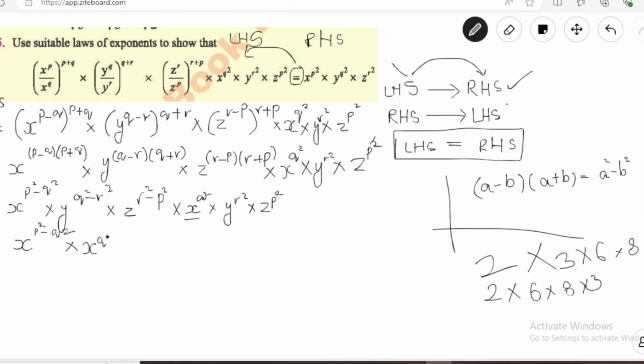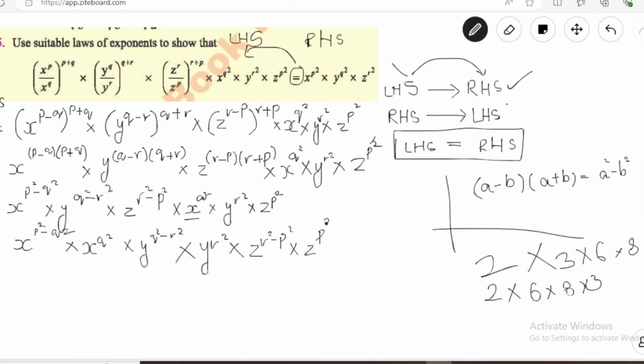So x raised to q square will come here, and then we have y raised to the power q square minus r square, and then y raised to the power r square. Then we have z raised to the power r square minus p square, times z raised to the power p square.